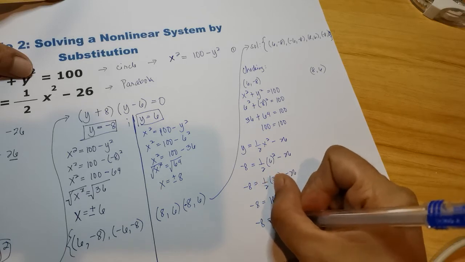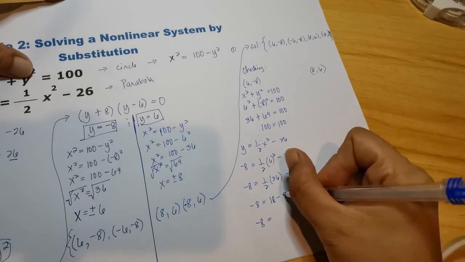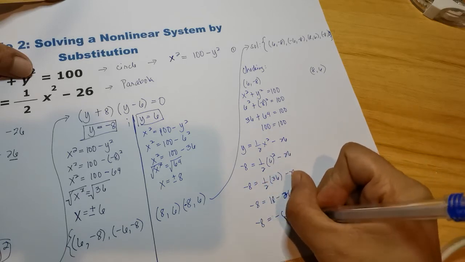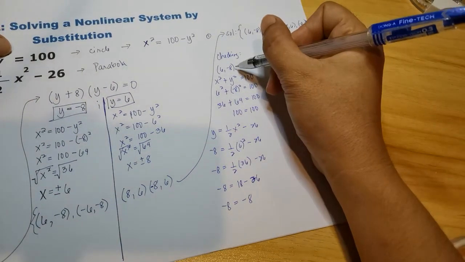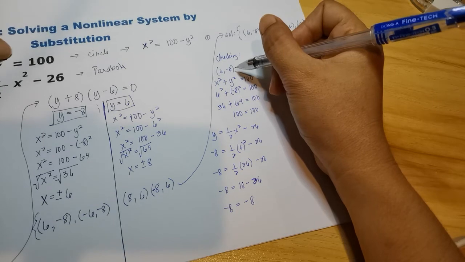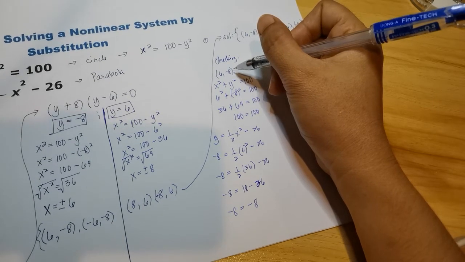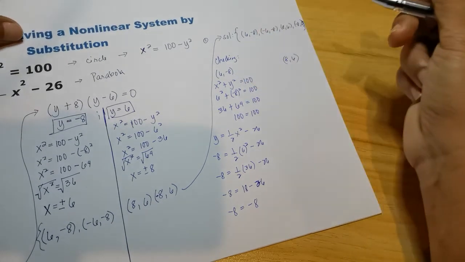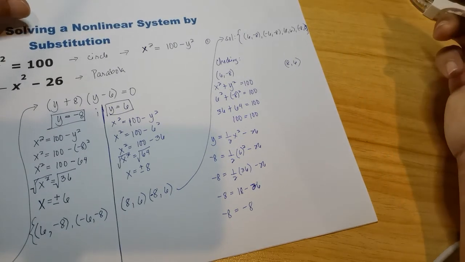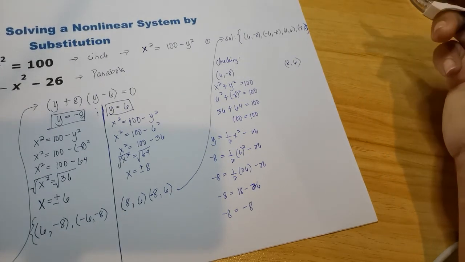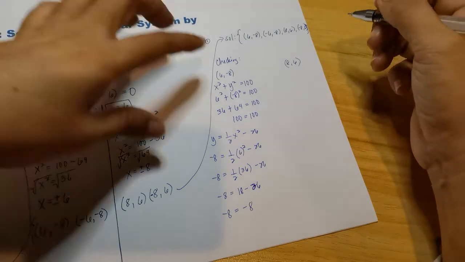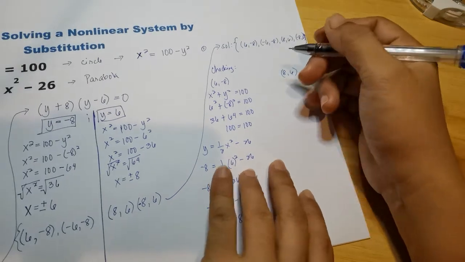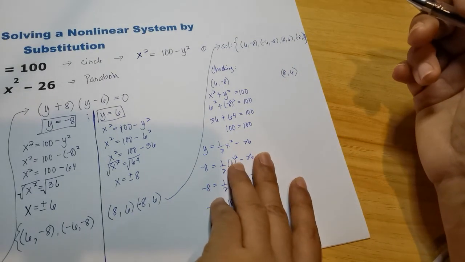So negative 8 is equal to negative 8. Okay, so this is a solution to our system of nonlinear equations. Systems of nonlinear equations, yun yung tama.